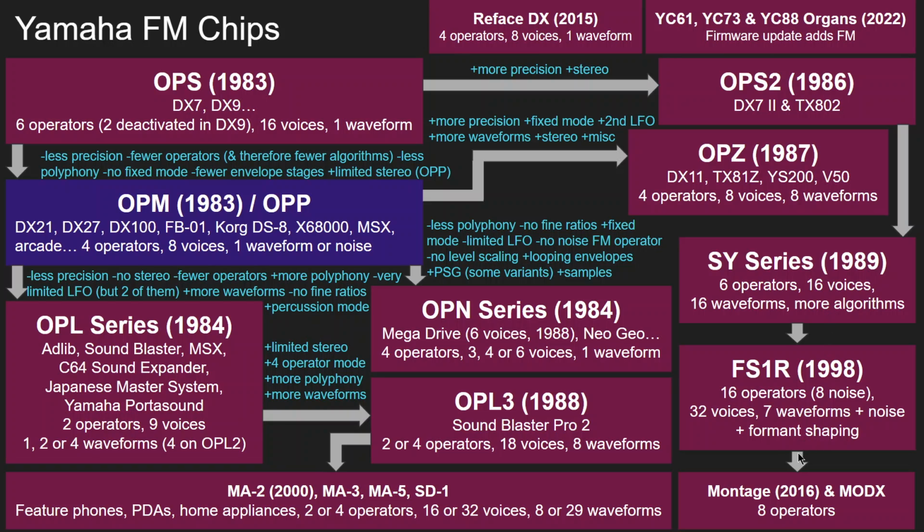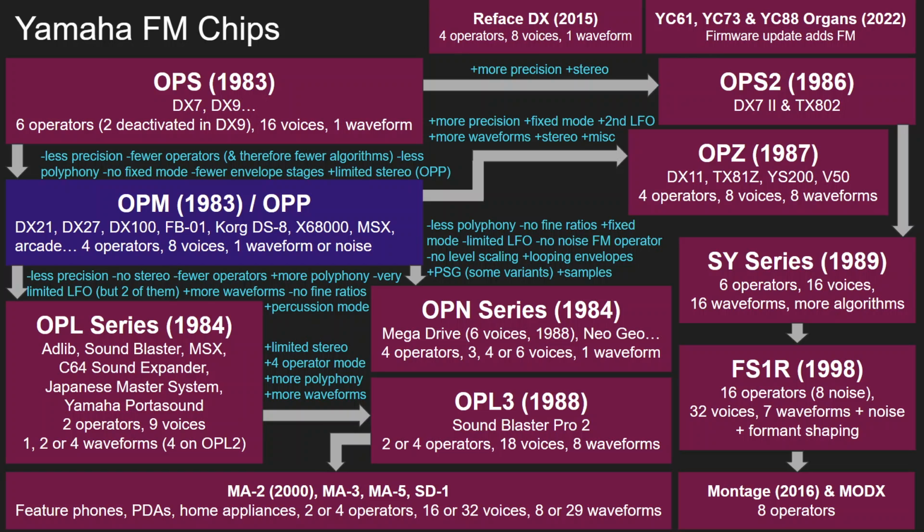And basically after the 90s, FM went out of fashion because memory was getting cheaper. You could have much higher resolution samples and stuff. So FM went out of fashion for a while. And it came back in 2016.